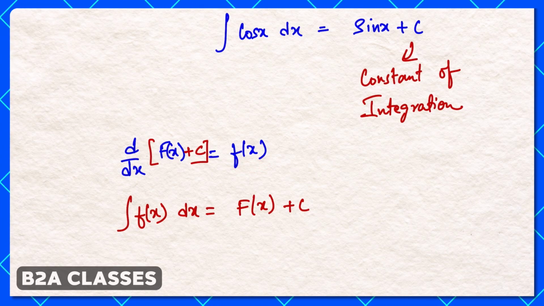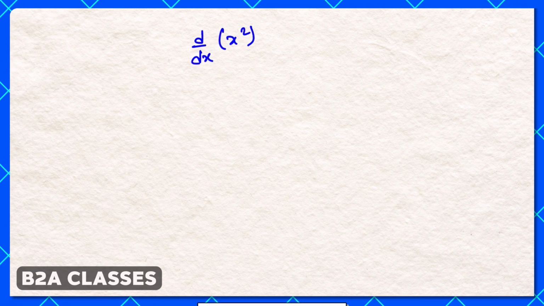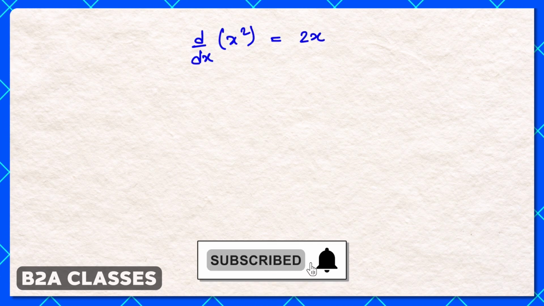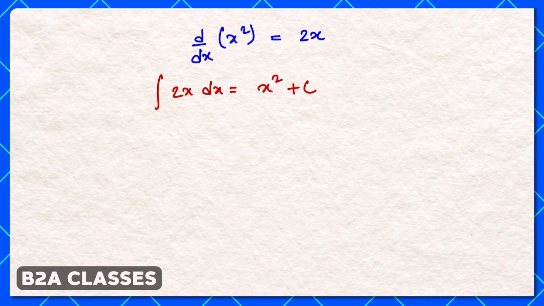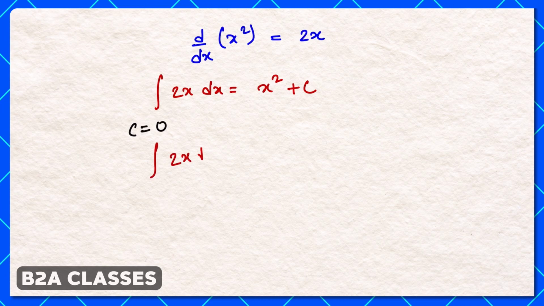Now let's discuss this family of antiderivatives. For that, let's take an example. We know that the derivative of x square is 2x, and the integration of 2x with respect to x will be x square plus c. Now let's put different values of c. Let's say c is equal to 0. So the integral of 2x will be x square plus 0, which is x square.